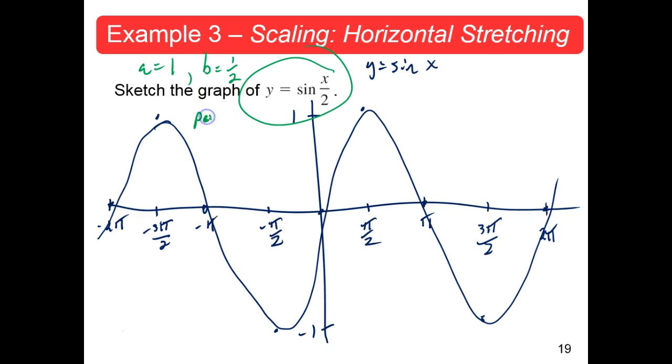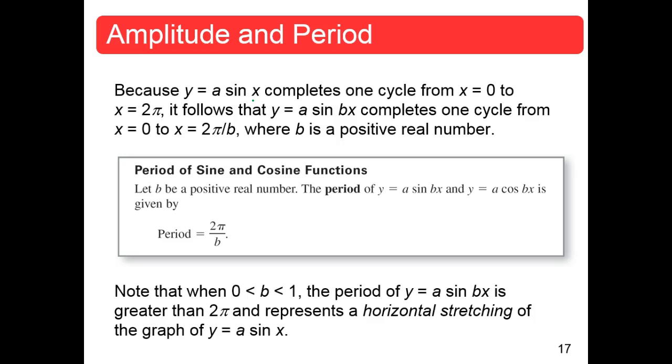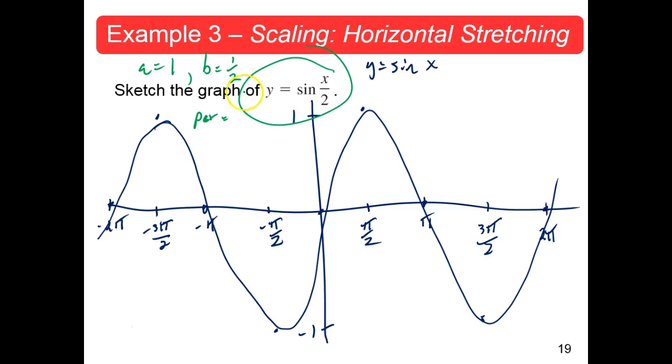And how does it influence the period? The period is 2 pi over B. So that would be 2 pi over B, but B is 1/2, right?